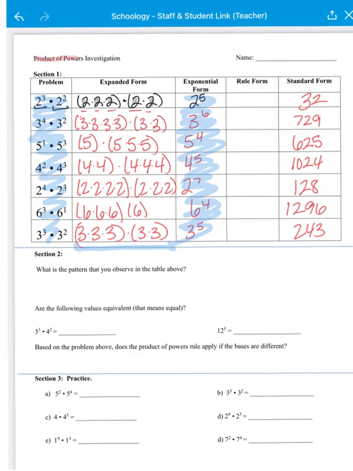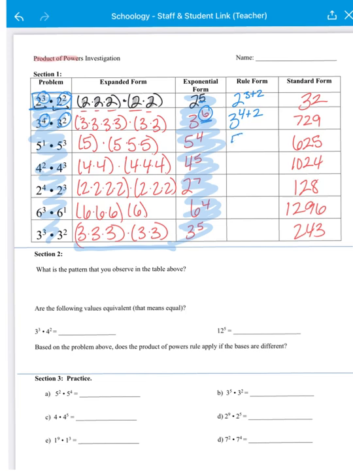So for example, I had 2 to the third times 2 to the second power. And if I add the exponents 3 plus 2, that indeed gives me 5. When I add the exponents 4 and 2 on the next one, it gives me an exponent of 6. And we can see that if we look at the rule form, every single time I look in this chart, I'm going to be able to add the exponents to get to the answer.